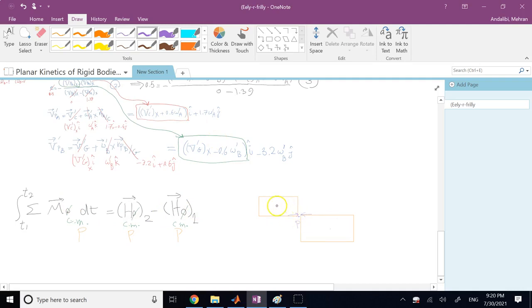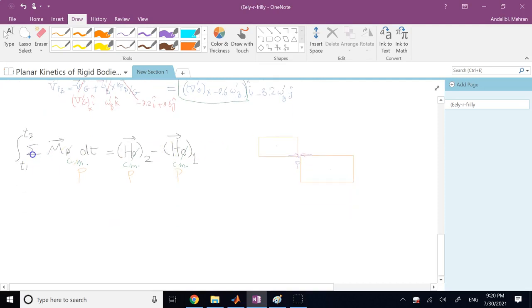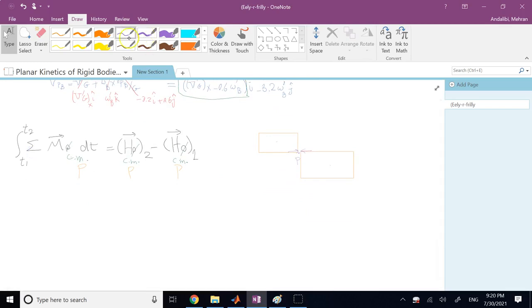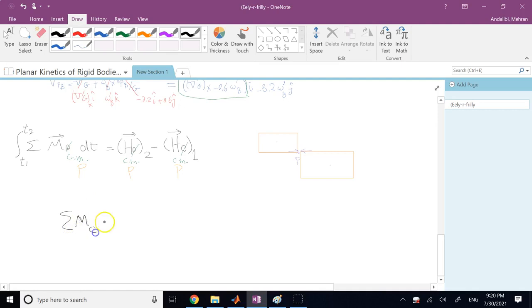So it's very good if we can write something about the angular impulse about P being equal to something, because that angular impulse is 0. Now, what can we write? Well, here we can start from the summation of moments about the centroid is equal to dH about the centroid over dt, correct?